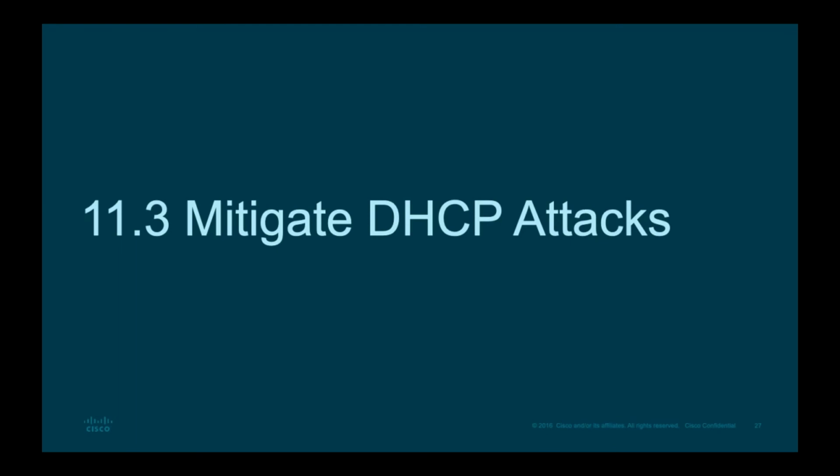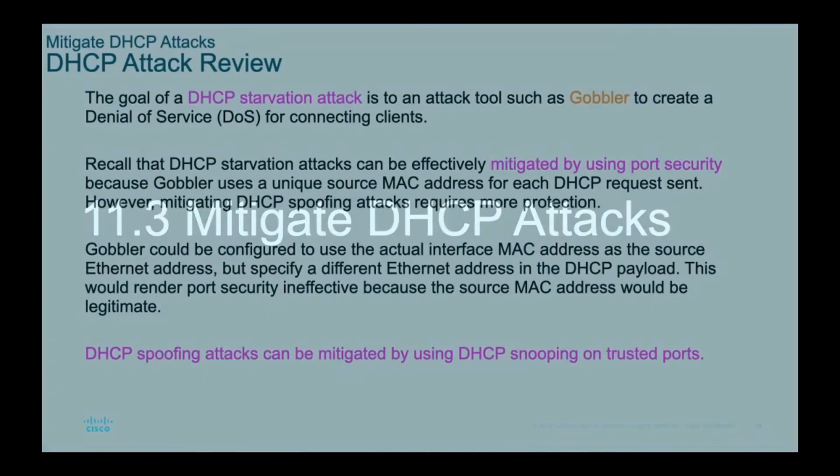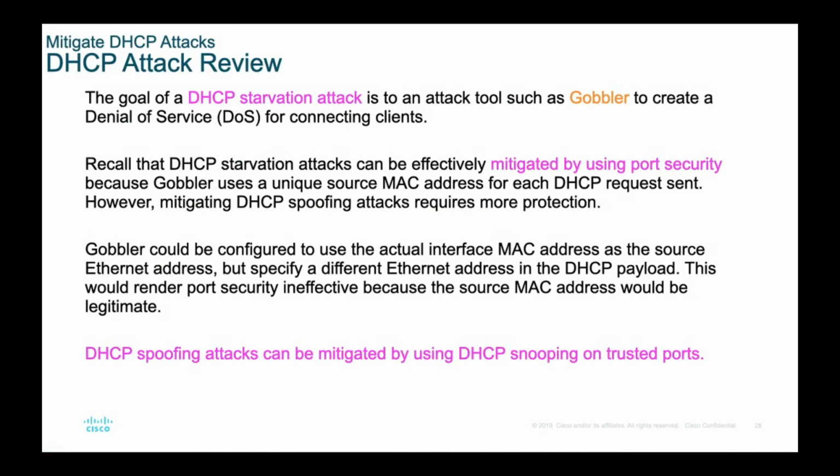11.3 mitigate DHCP attack. Actually, we already discussed DHCP attack. An attacker can exhaust or starve our DHCP server. If we reserve 100 IPs on our DHCP server, the attacker will request all the IPs to be reserved for them.